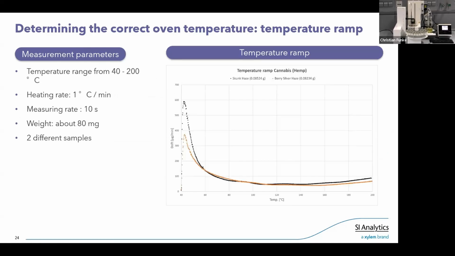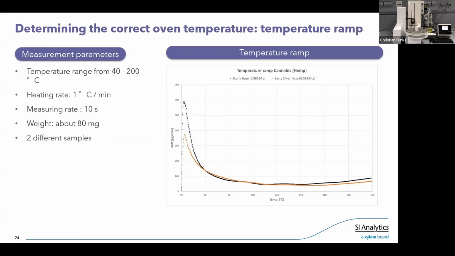Okay, and then the first interesting point here was what is the right temperature? So at what temperature do we have to make the measurements? And to detect the right temperature, we measured a so-called temperature ramp, which you can see here now on the slide. The weight was about 80 milligrams.